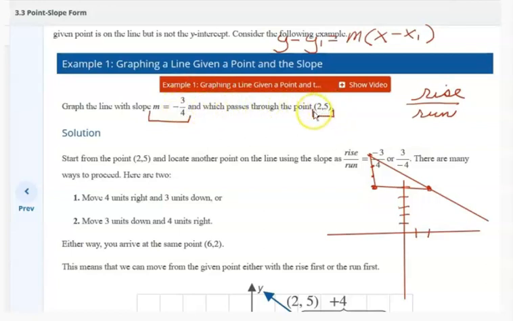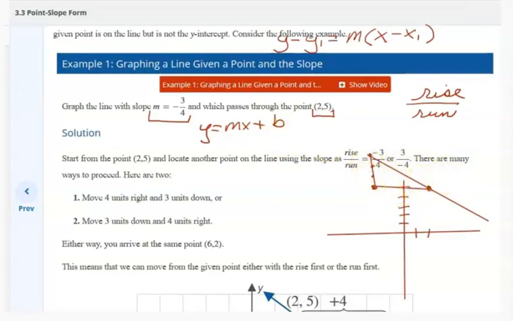Now, in a sense, this relates to the other formula we've been using, y equals mx plus b, where we would plot the y-intercept first along the y-axis and then make that little triangle. Here, we're just creating a point somewhere, and from that point, making the right triangle.